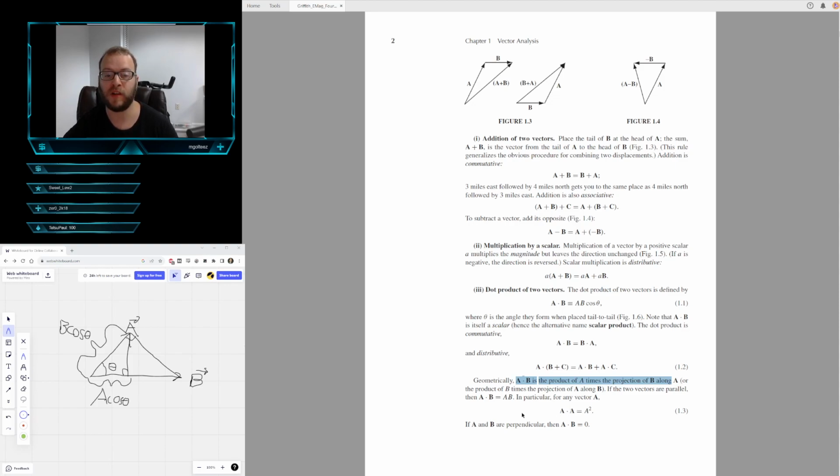If vectors are perpendicular, then A dot B is equal to 0. Again, if you look at our original definition of the dot product, that is because the cosine of 90 degrees, which is going to be the angle between the two vectors, is going to be 0. So A dot B is 0. Doesn't matter what A and B are, if they're perpendicular.